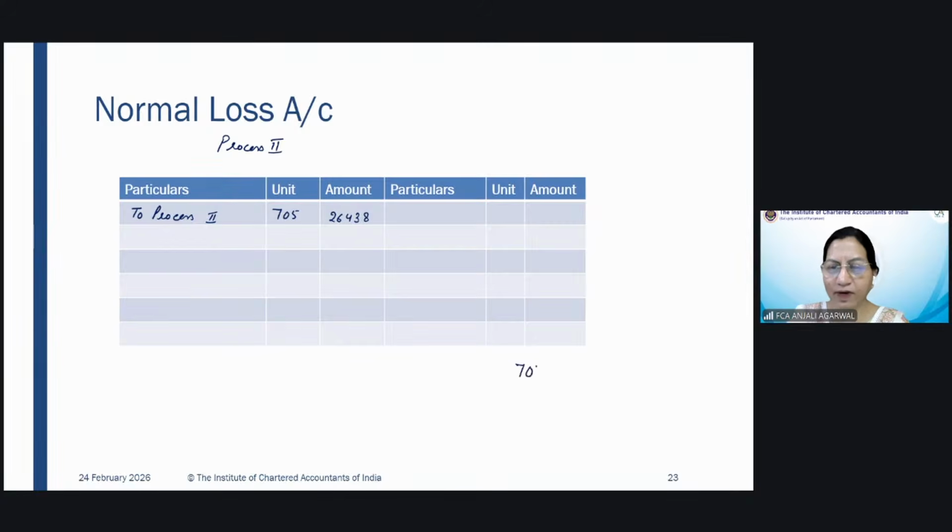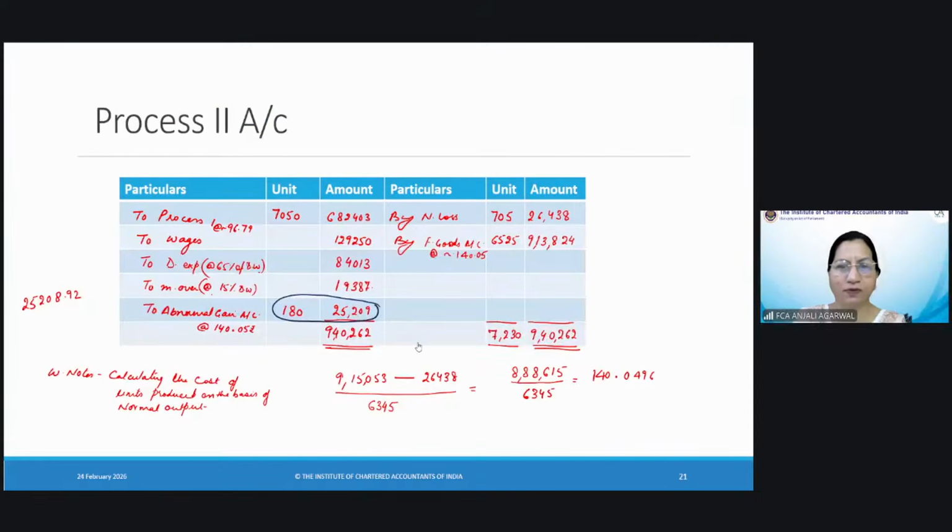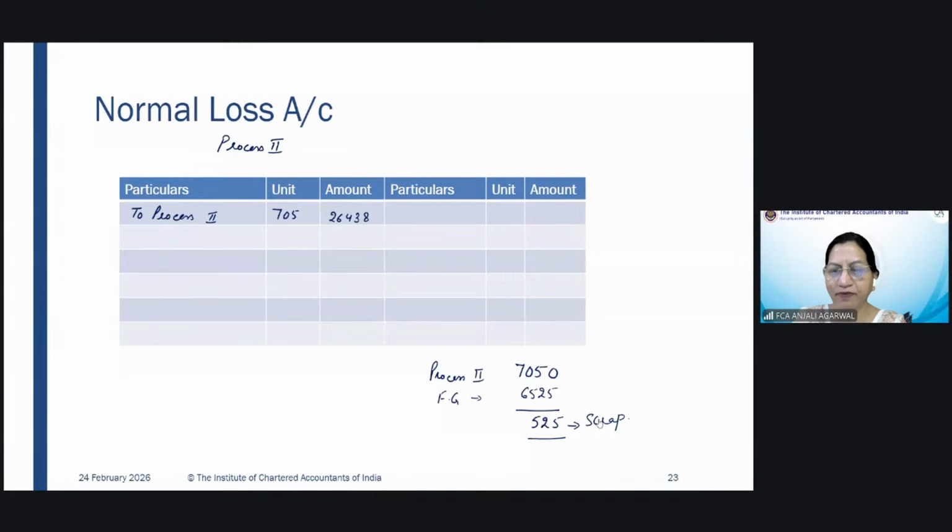Now see, 7050 units are entering process 2 and the finished goods units transferred are 6,525. So what is happening? 525 units are all that you have to sell as scrap, right? 7050 minus 6525 leaves 525 units.